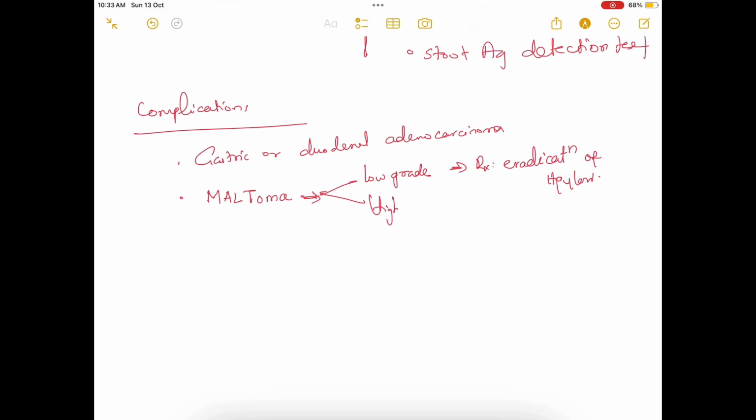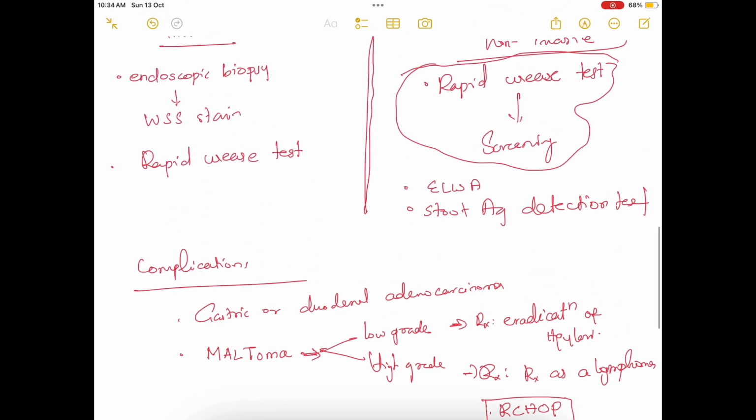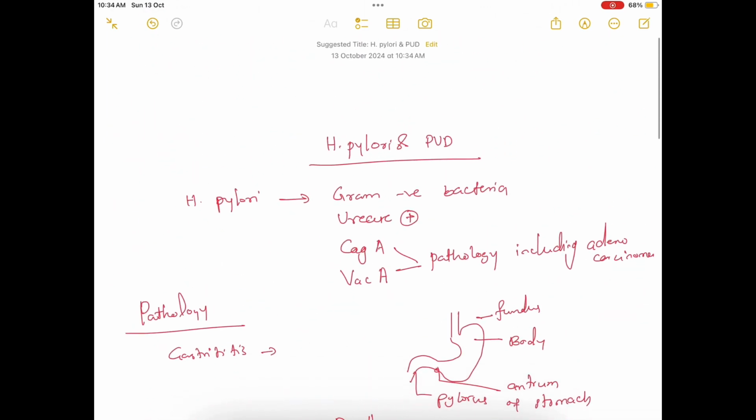If it is high grade, then we treat it as a lymphoma. So we know that in lymphoma we give the R-CHOP regimen: rituximab, cyclophosphamide, hydroxydaunorubicin, then Oncovin and prednisolone. So R-CHOP regimen. That's an interesting thing. So that will be all about this.